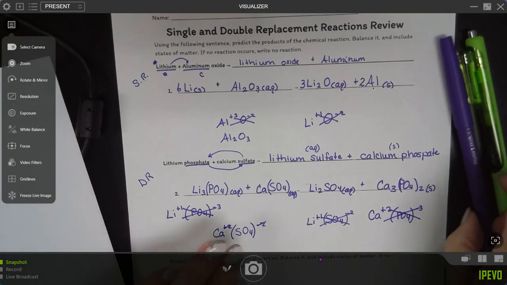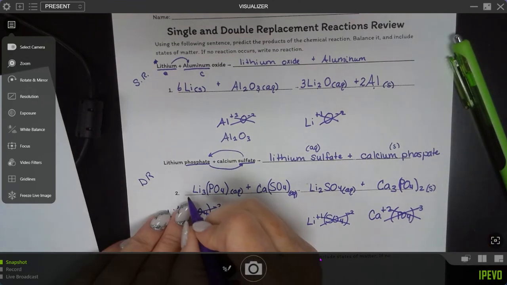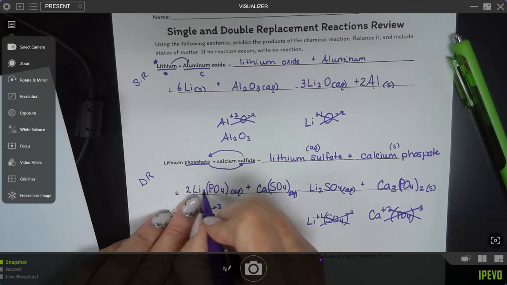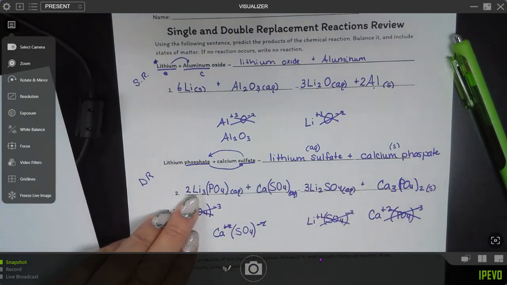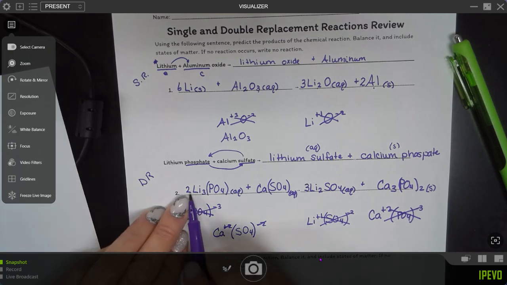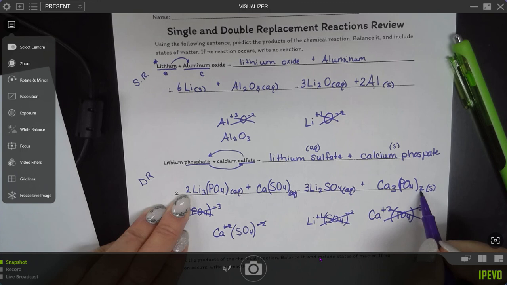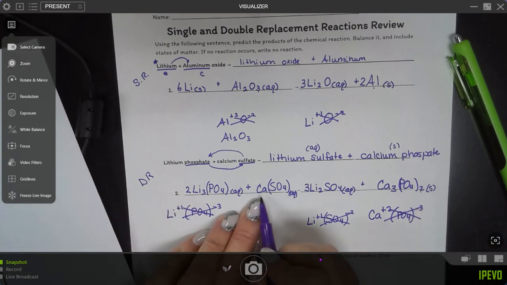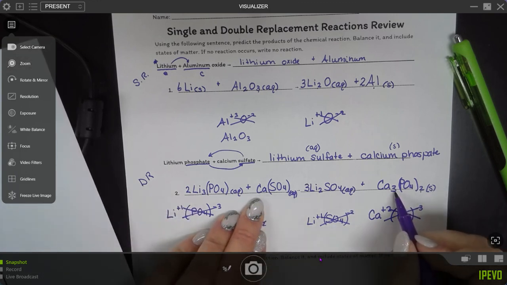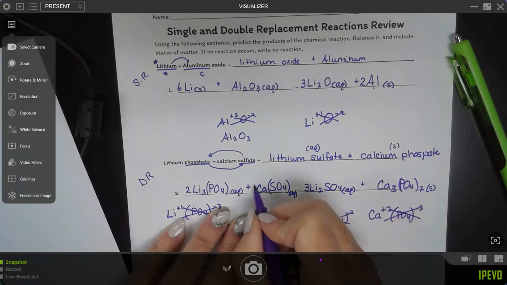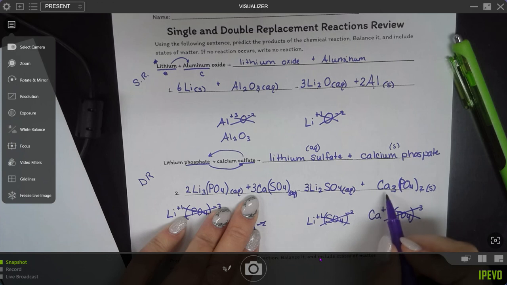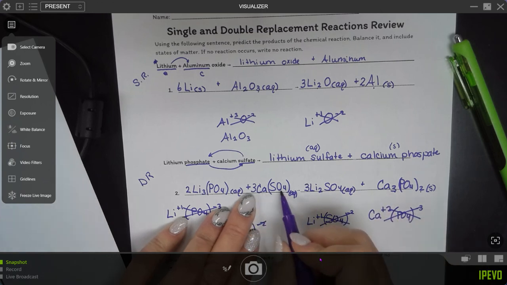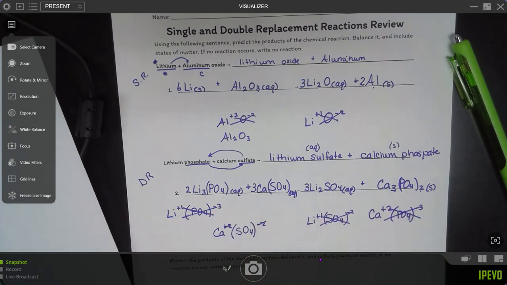So I need a 2 here to give me 6 lithium and a 3 here to give me 6 lithium. That's 6 lithium. I have 2 phosphates, so that's okay. I've got 3 calcium here, so I need a 3 here. So now I have 3 calcium and 3 sulfate, so now I'm balanced.